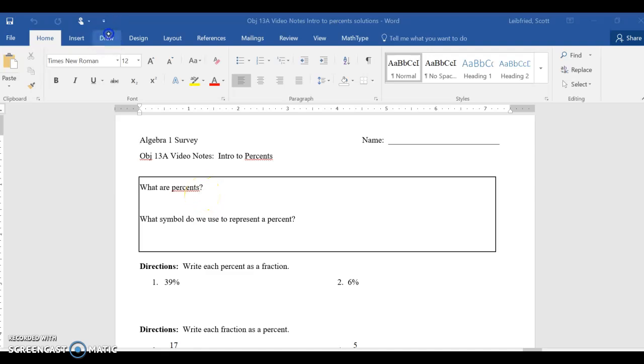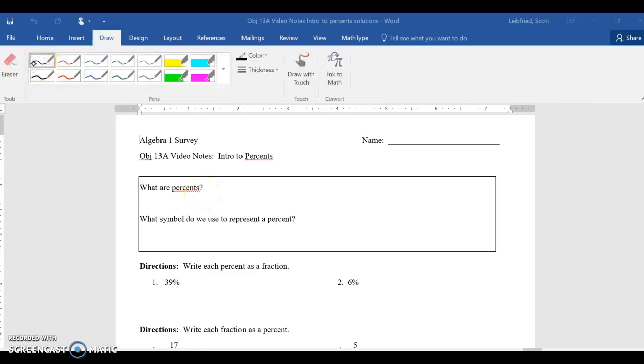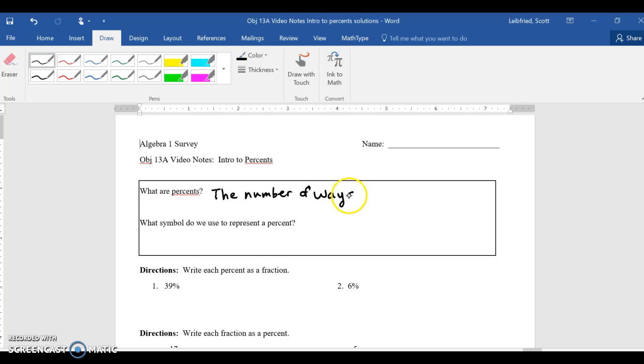Percents are the number of ways something occurs or happens out of 100 times.